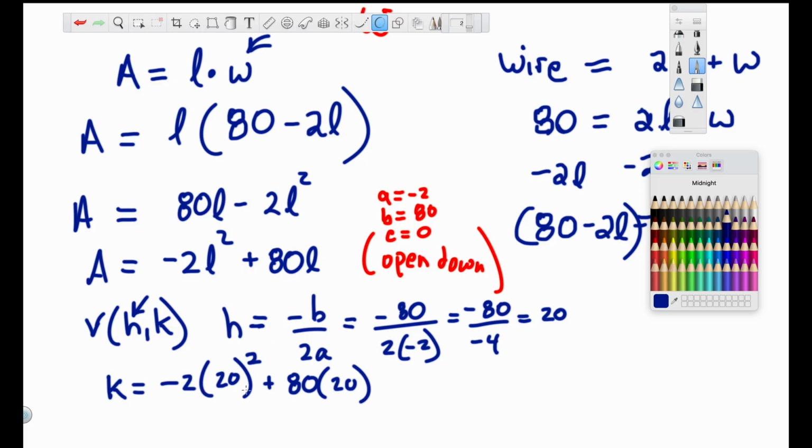Okay, so just make sure I put that in right. Negative 2 times 20 squared plus 80 times 20. We're going to do the exponent first. Negative 2 times 400. 20 times 20 is 400. 8 times 2 is 16, and then 2 zeros.